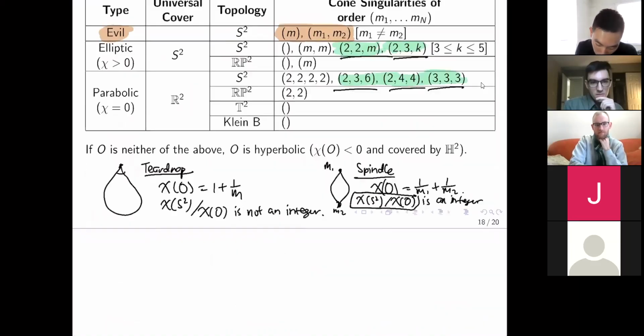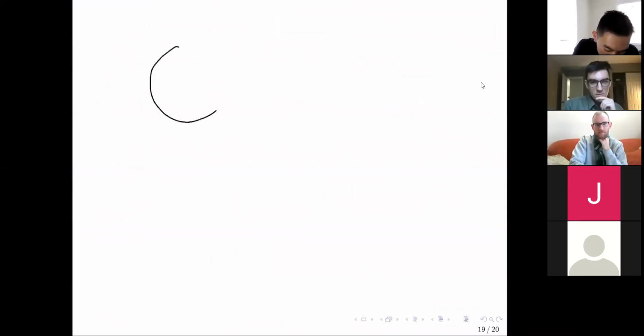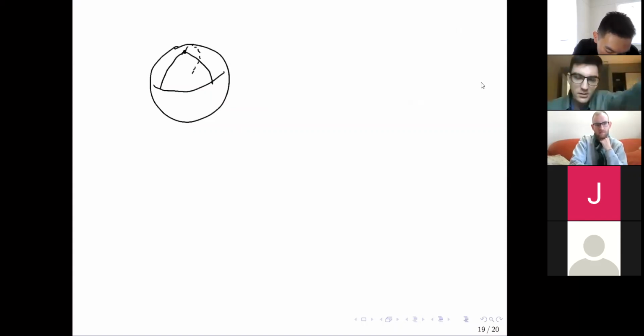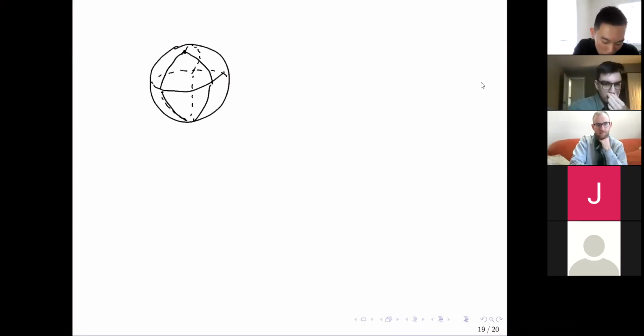And then I can probably also say that if you have the sphere, and then you make a triangulation that goes like that. I'm not very good at drawing. I can do a rotation about here, and I can also do a rotation about each of these points as well.